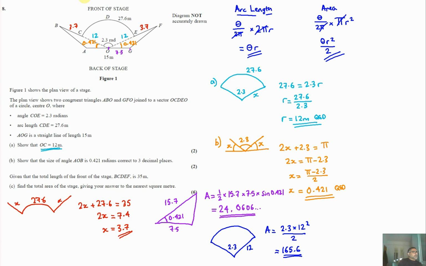And then your last step is to combine the two. So if I want the area of all of them, I need two triangles and this sector. So therefore the total area will be 2 times 24.0606, and then I need to add on 165.6.